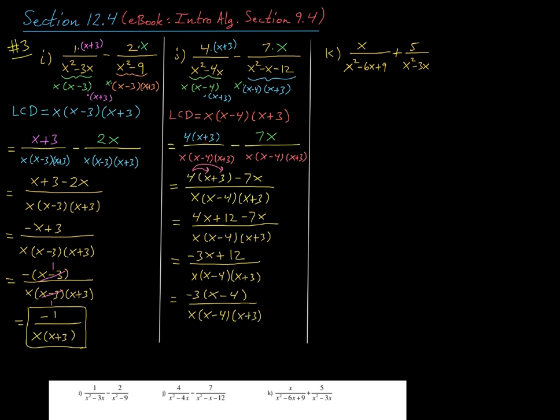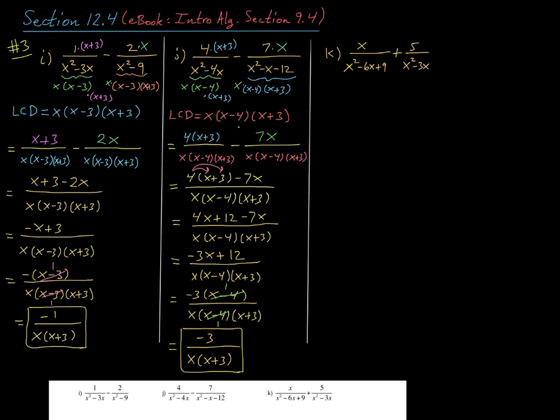Since everything now is in factored form, I can go ahead and divide out this common factor of x minus 4. And so when all is said and done, we are left with the answer minus 3 divided by x times the quantity x plus 3.